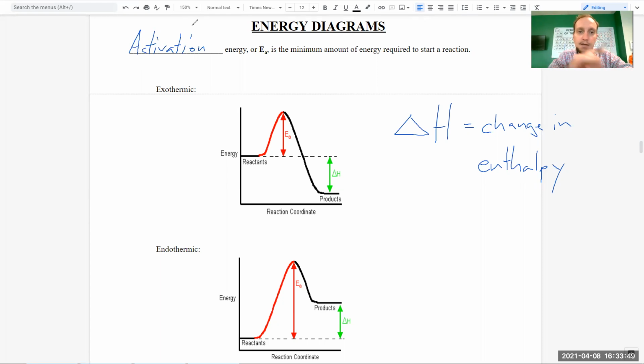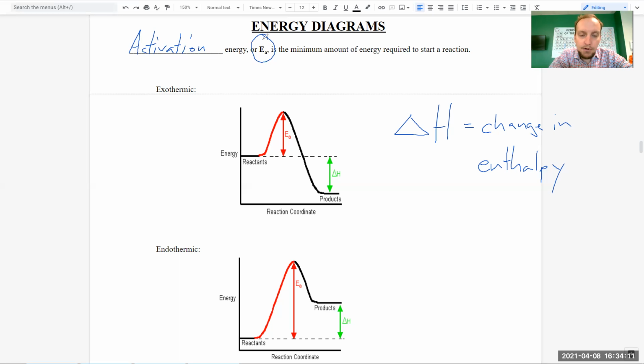Now, the way we show that is it's a capital E with a subscript lowercase a. You guys know from Einstein's famous E equals mc squared that capital E means energy. It always does. So E with a little subscript a technically means the energy of activation, but we often just say activation energy because I guess it's a little easier.